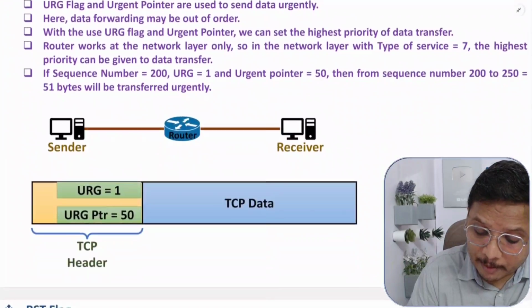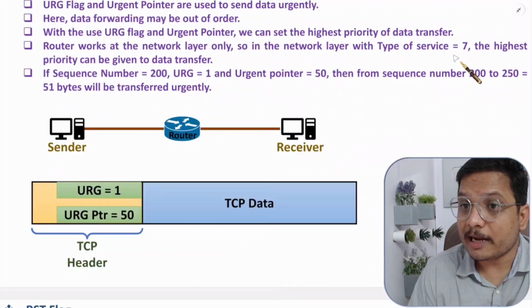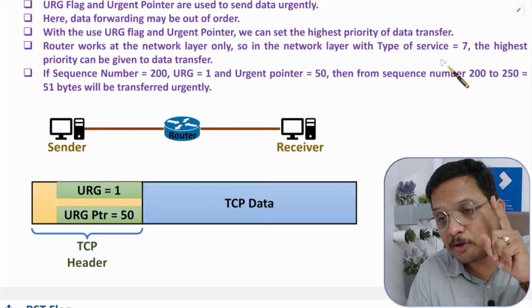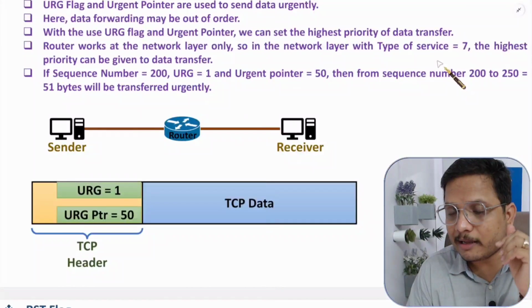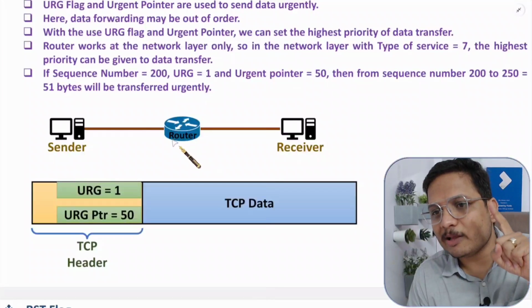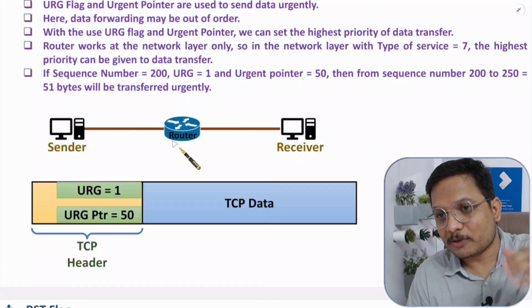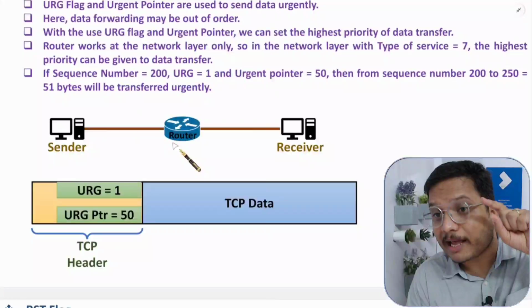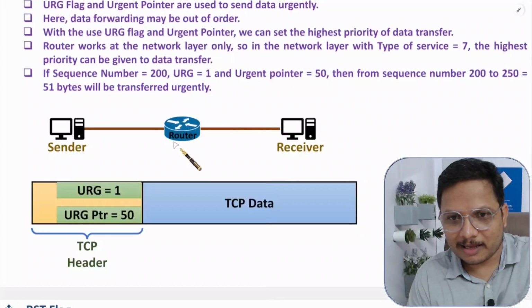By making type of service equal to 7, it gives the highest priority to the given frame. So the router can even understand that this data belongs to the highest priority. Things are happening at the transport layer but executed by the network layer.